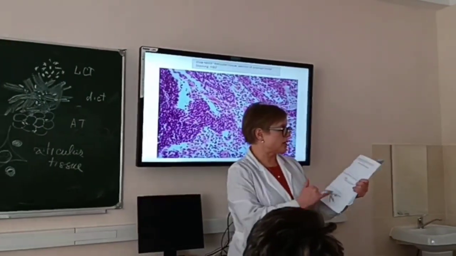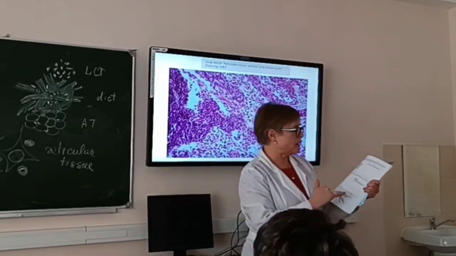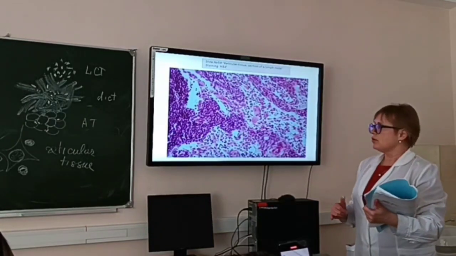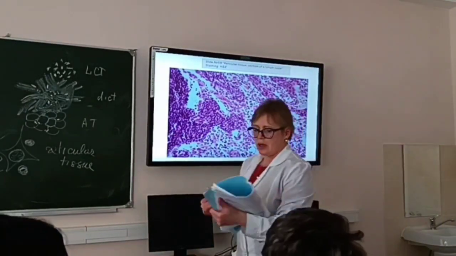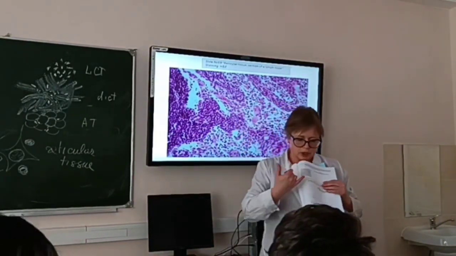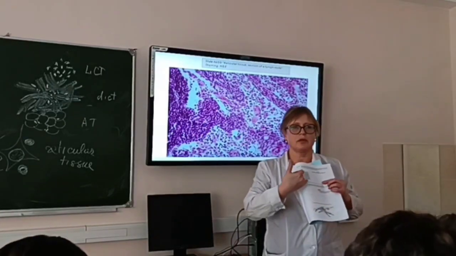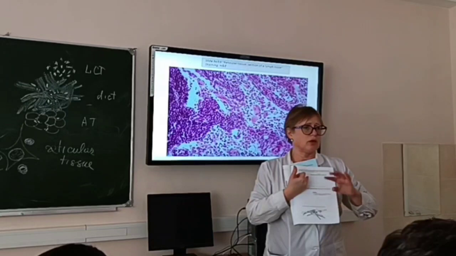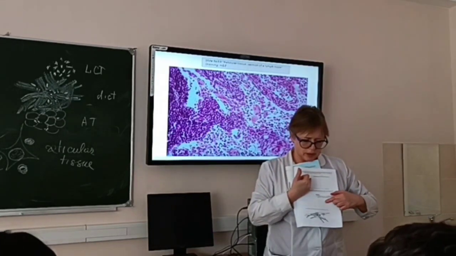And one of the tasks here is to draw a mesenchymal cell. What reticular tissue will be in this square? Mesenchymal cell, only one schematically, or several you can draw here.